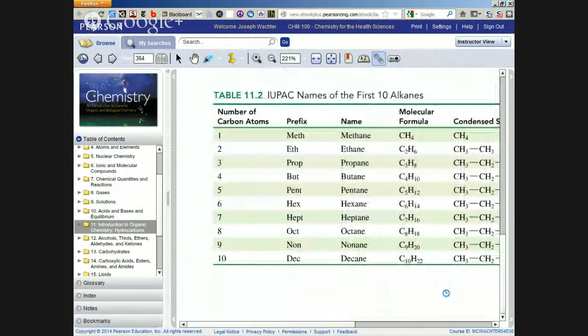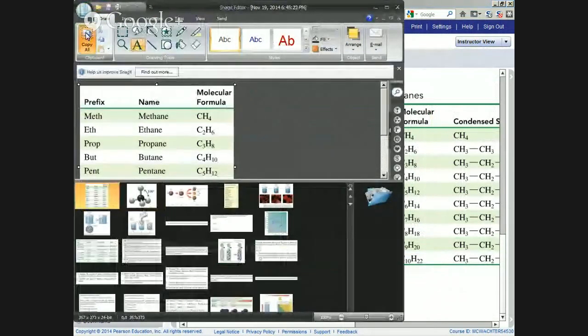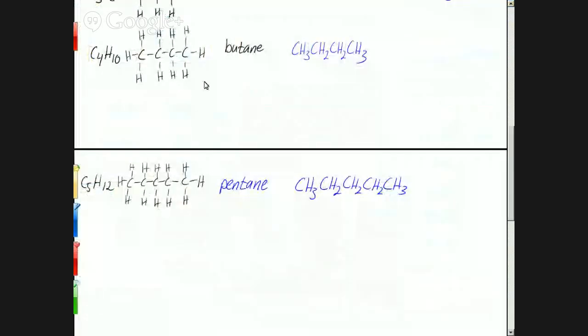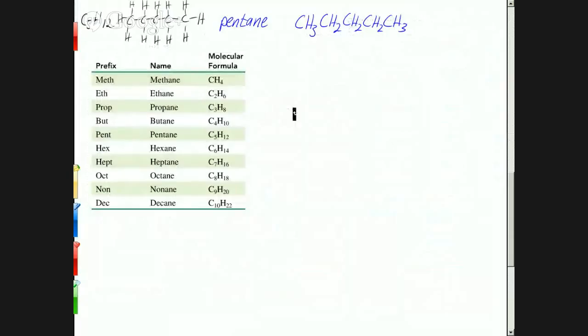I'll just take part of it and stick it in the notes here. For the rest of them, one big part of this chapter is going to be how to name these things, what we call these things. I can't remember which ones it says exactly on Blackboard, but whichever ones it says, you need to know those. And then any beyond that, I would give you the names for.